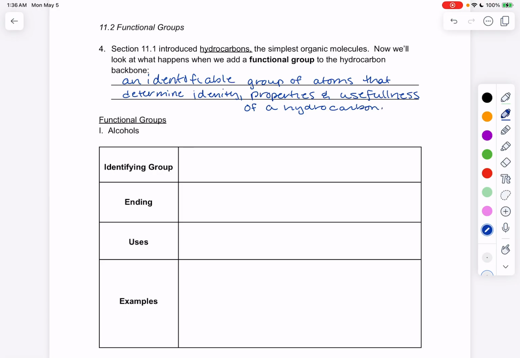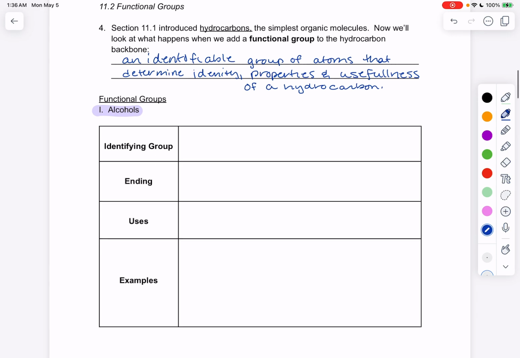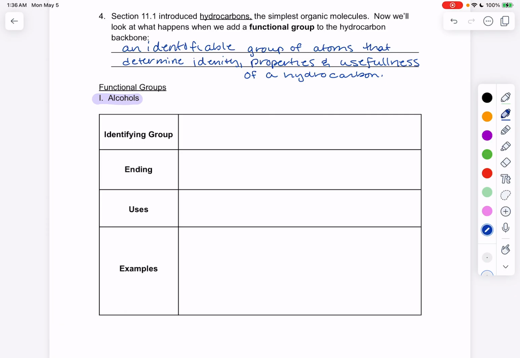Okay, so the first one we're going to start with are what we call alcohols. So alcohols, if you look at what they have on a hydrocarbon, you will see something like this: CCOH.